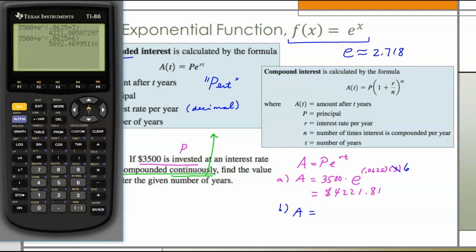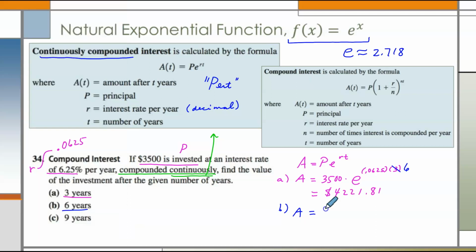And that gives us 5,092. Now rounding properly, 47 cents. Okay, so after 6 years, 5,092.47. Okay, 9 years. Okay, so I'm going to go ahead and use 9 years for part C.